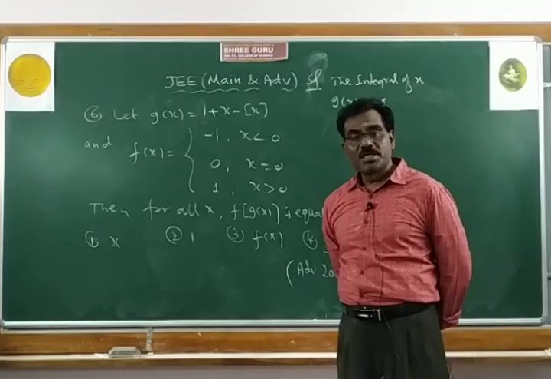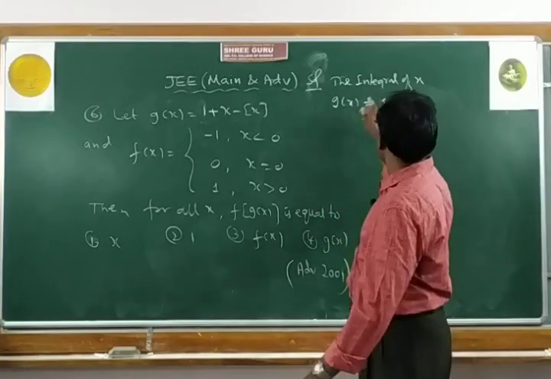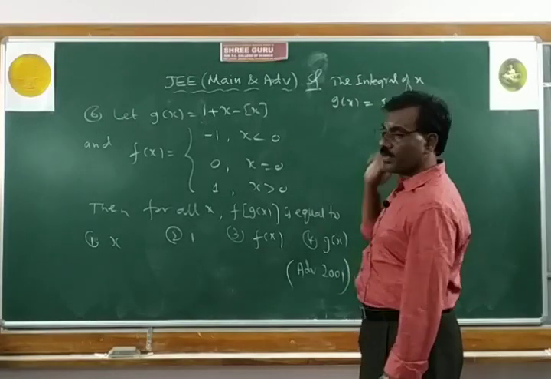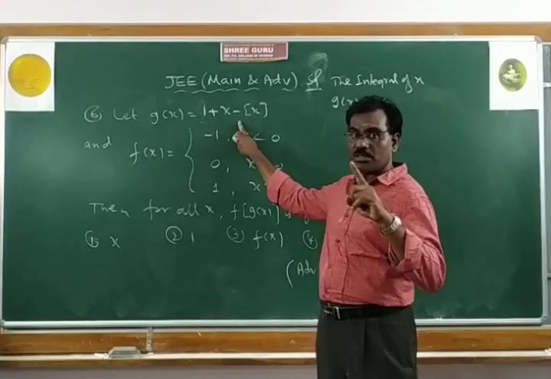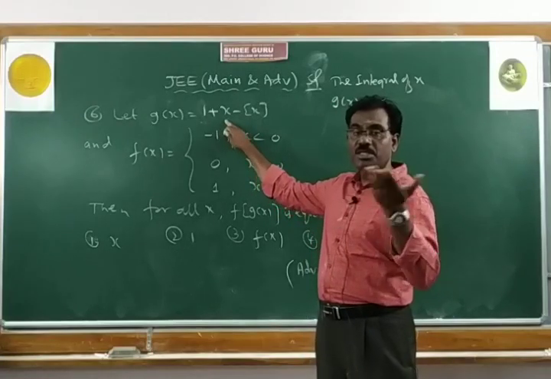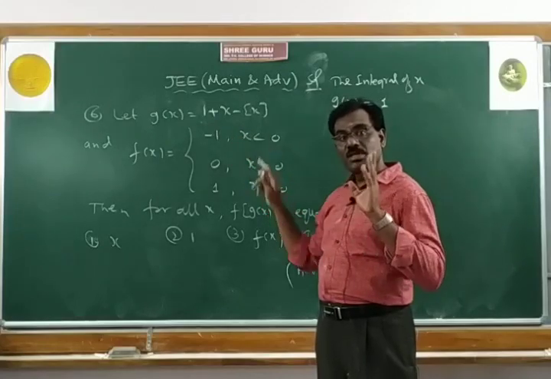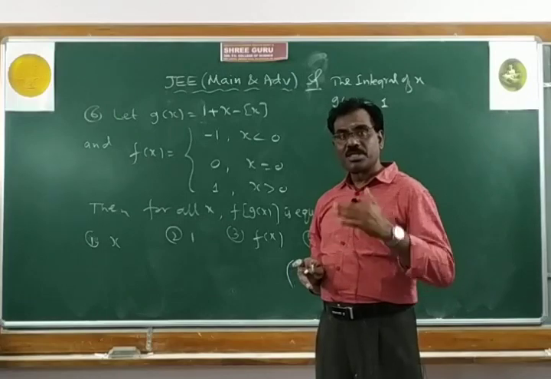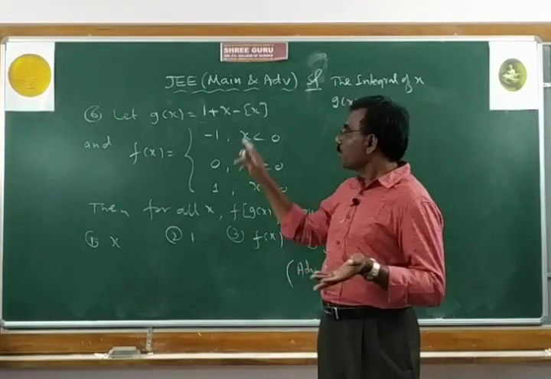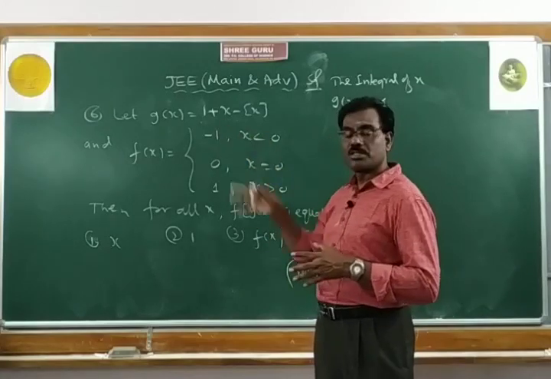Suppose x is 1: 1 minus 1 is 0, so g of x is 1. If x is 2: 2 minus 2 is 0, so g of x is 1. So when x is an integer, the answer for g of x is 1 only.